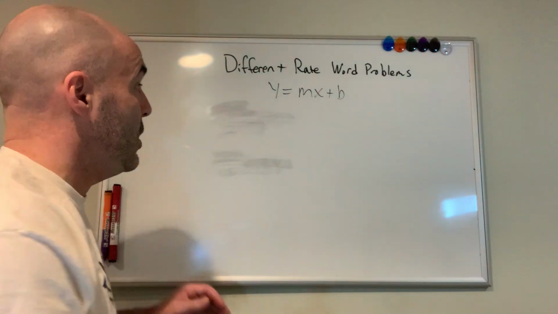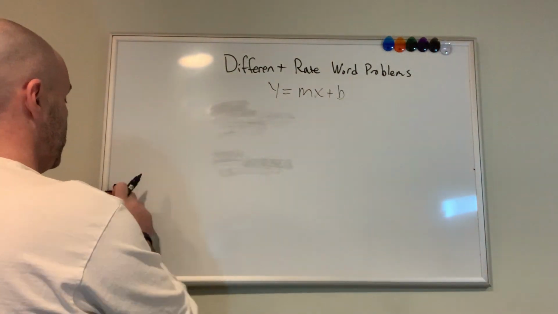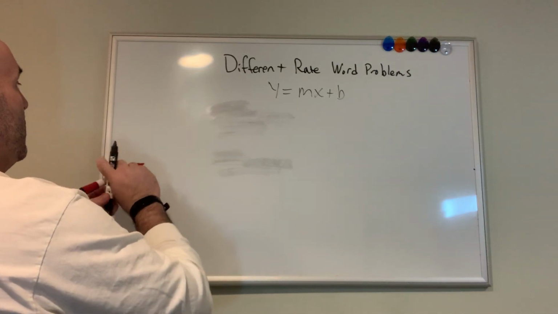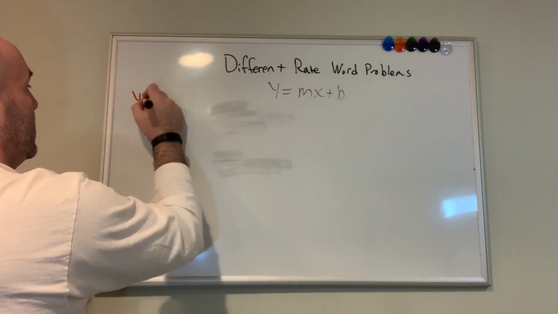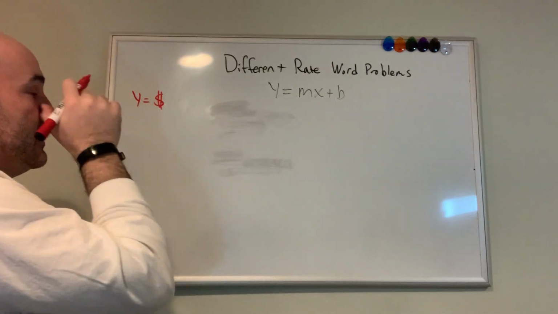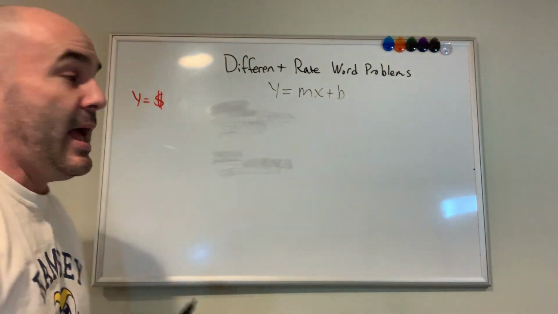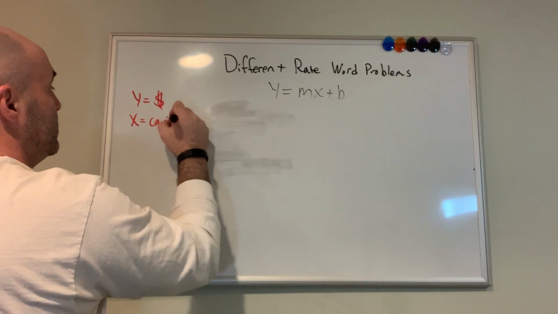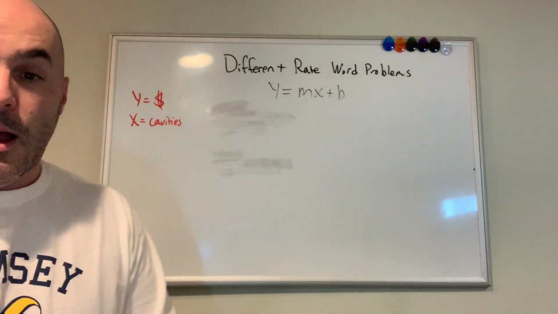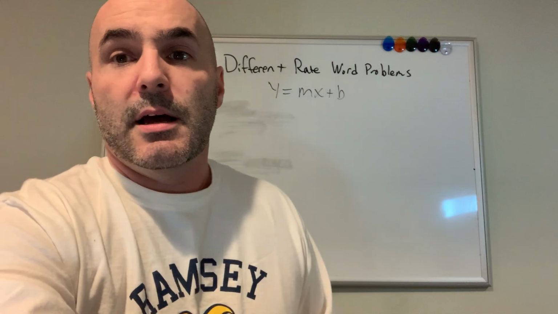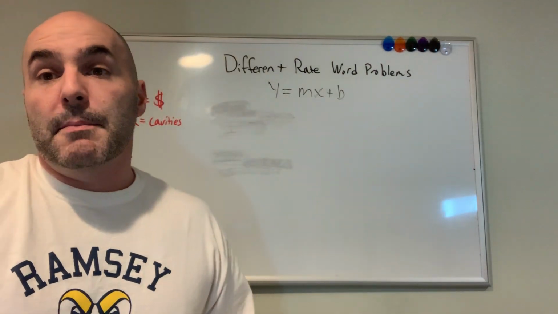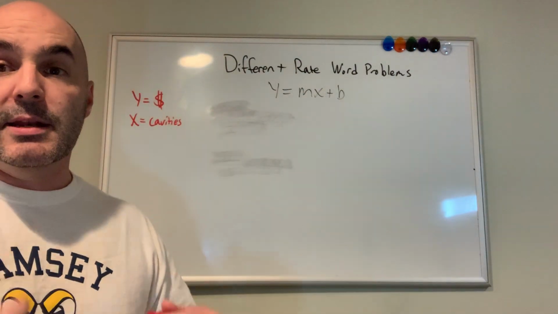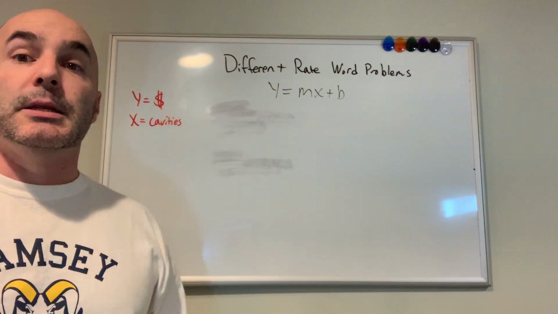Now, what I'm going to do here is treat all my money as y, and x is going to be cavities, basically because the amount of money I'm going to pay depends on how many cavities I have. So y is going to be a dependent variable while x can be independent.